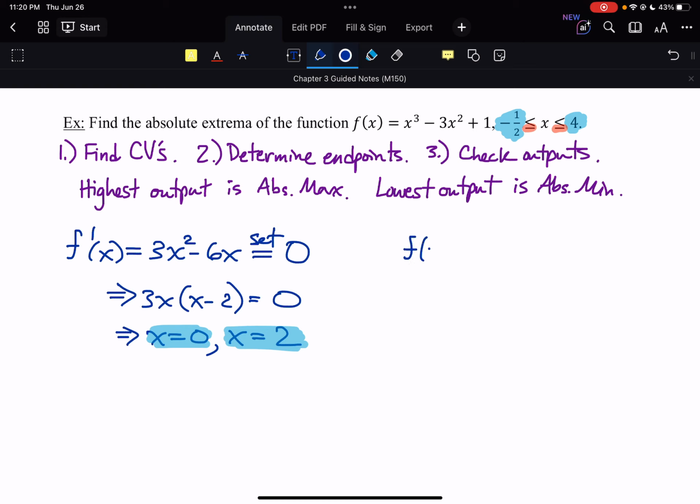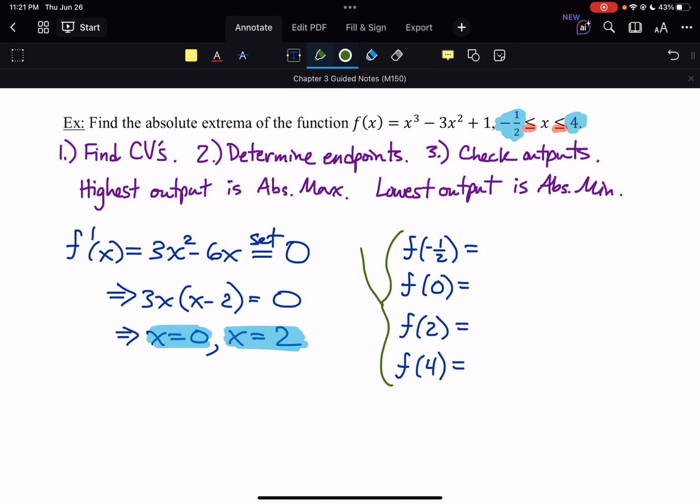We just need to get the outputs for each of these from the original function. So we're just plugging in to get their y values. If we do that, I'll spare you the time of punching all that in.